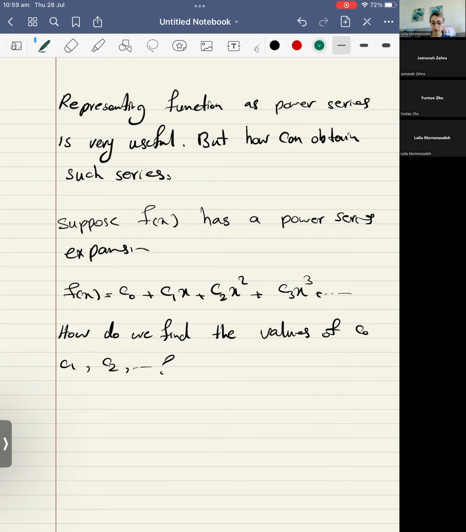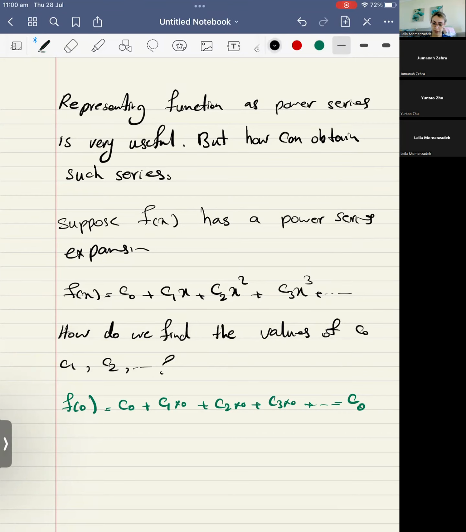But for c0, first of all, if I put f of 0, you have c0 plus c1 times 0 plus c2 times 0 squared plus and so on, which is equal to c0. It means that you can find c0, the starting term, by putting in f of 0.